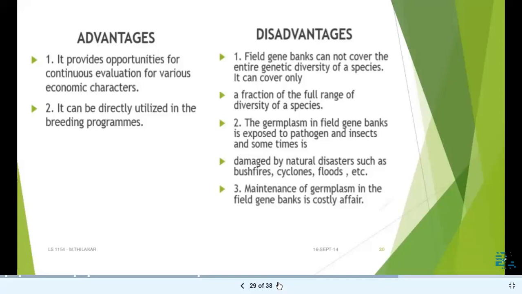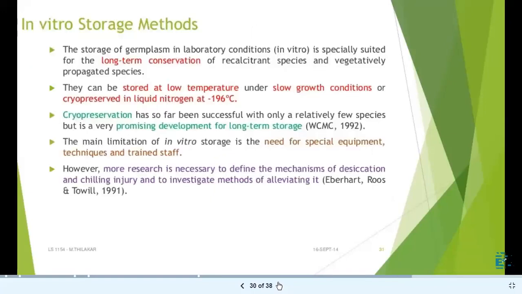The germplasm in a field gene bank is exposed to pathogens and insects and sometimes is damaged by natural disasters such as bushfires, cyclones, and floods. So maintenance of germplasm in a field gene bank is a costlier affair than a seed gene bank.